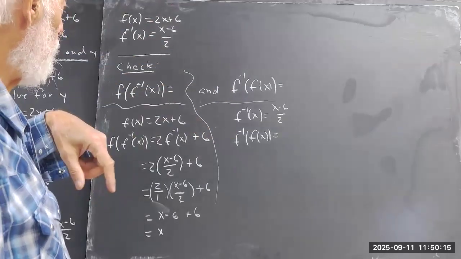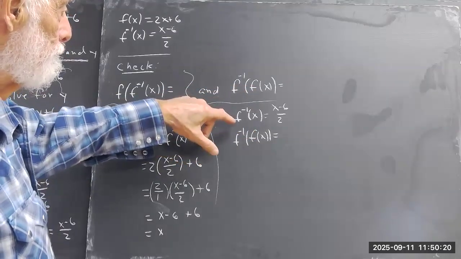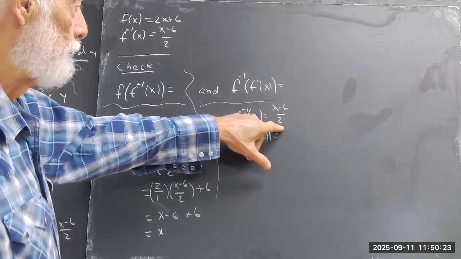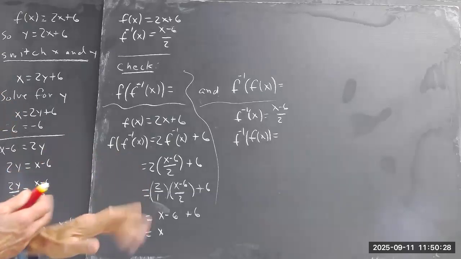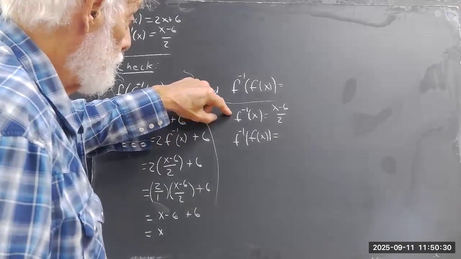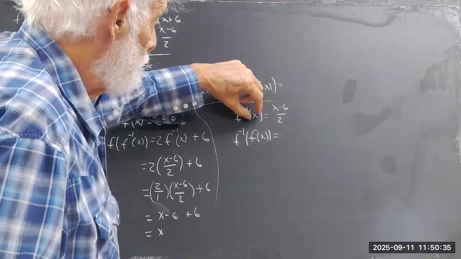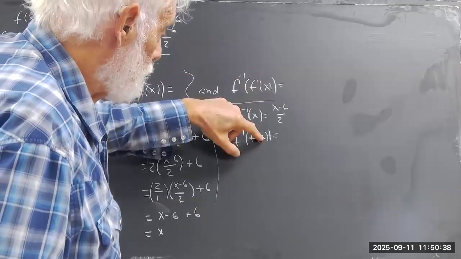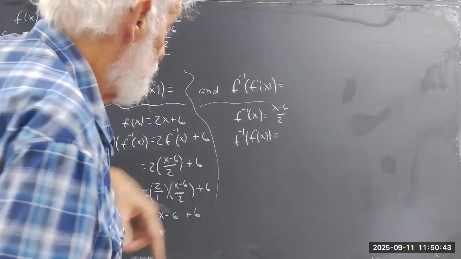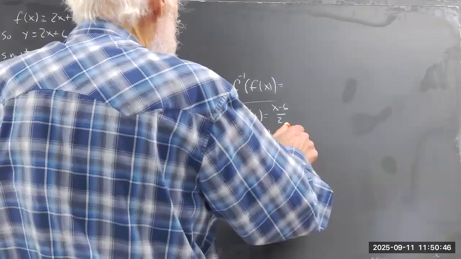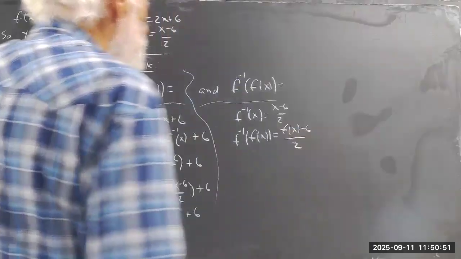So what do I do over here? I do f inverse of f of x. Well, I write the formula for f inverse of x, which is here because we derived it by switching x and y. There's f inverse of x. And this is f inverse of f of x. So we replace x by f of x. Of course, we do it down here. This is what we get. And on this side, what do we get? We get f of x minus 6 over 2.